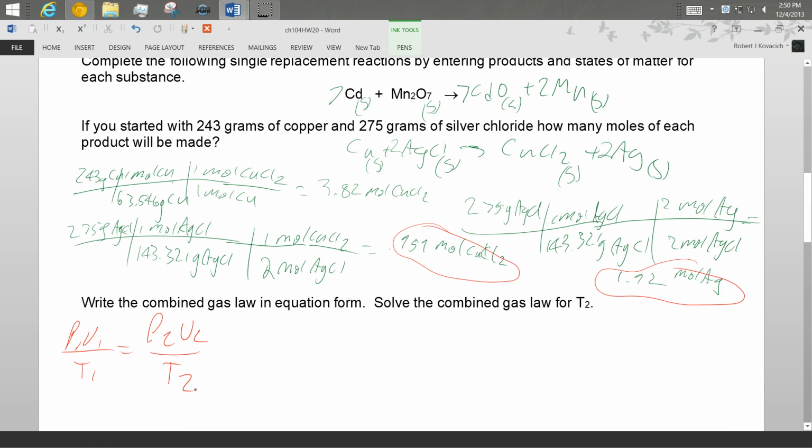Okay, so there's the equation, and I just want to solve for T2. So T2, P2, V2, T1, P1, V1. We all good with that algebra?